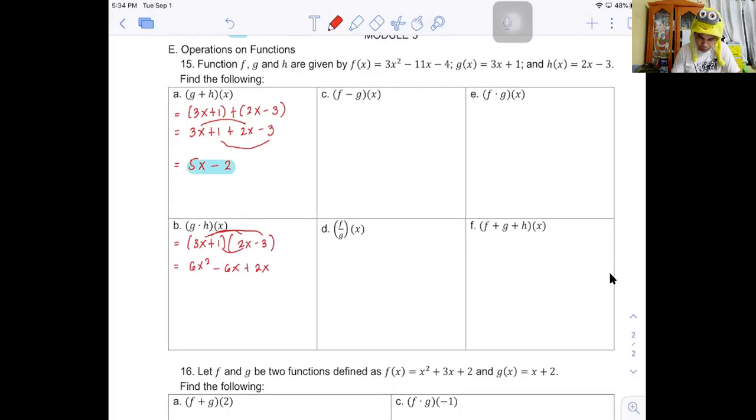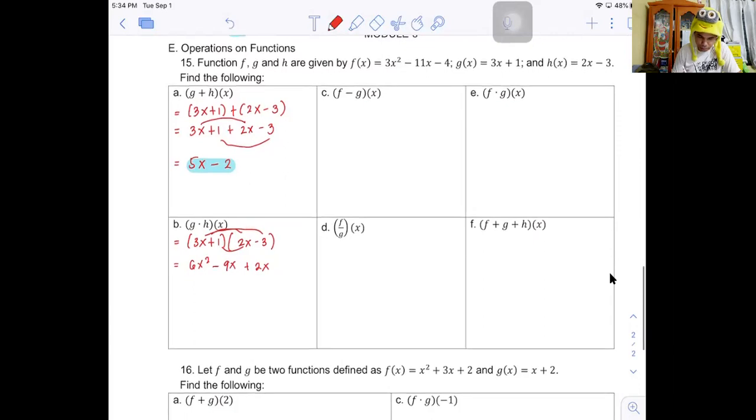Sorry guys, my pen was wrong. Then, 1 times -3 is minus 3. Okay? So, are there like terms? Yes, these two. So, we can simplify it as 6x squared minus 7x minus 3.